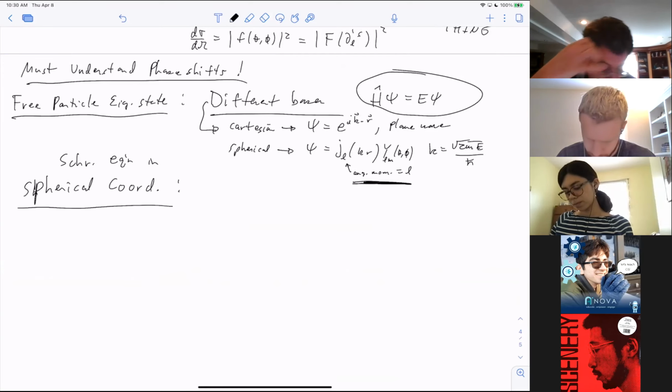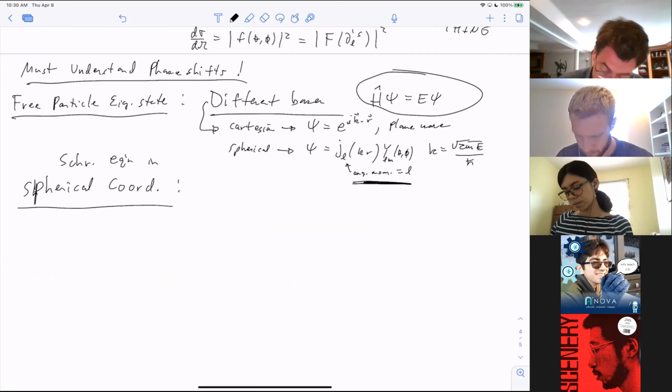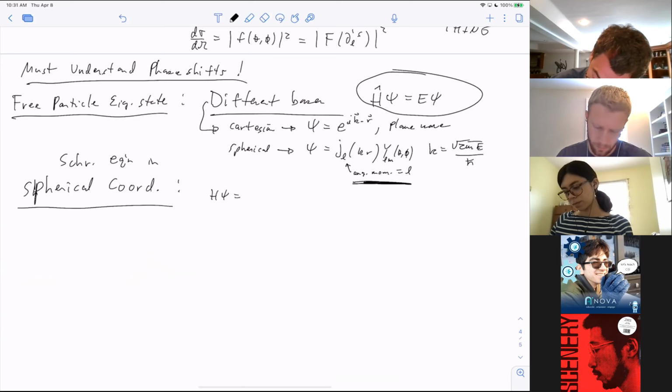What we're solving is H psi equals E psi, where H is kinetic energy plus potential energy.